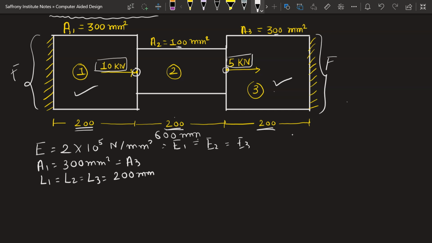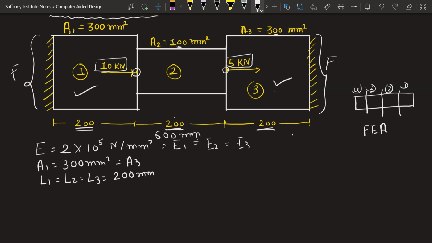Now the first step is discretization. What is the meaning of discretization? Let's say we have one bar and we want to do an FEA analysis of this bar. Discretization means we will divide this bar into a certain number of parts and calculate separately for those parts.